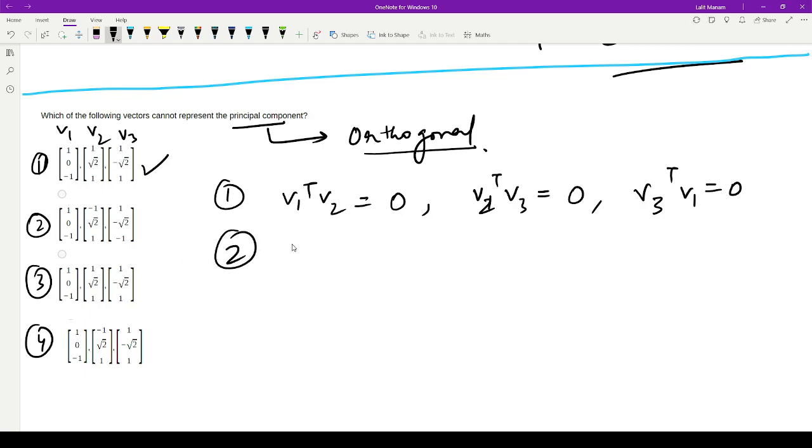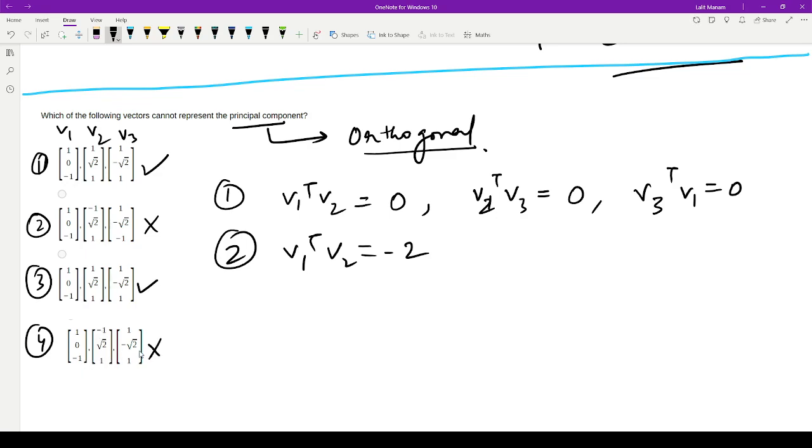Okay. What about the second one? v1 transpose v2 is minus 2, right? The second one cannot represent the principal component. What about the third one? Oh, the third is the same as the first one. Fine. What about the fourth one?